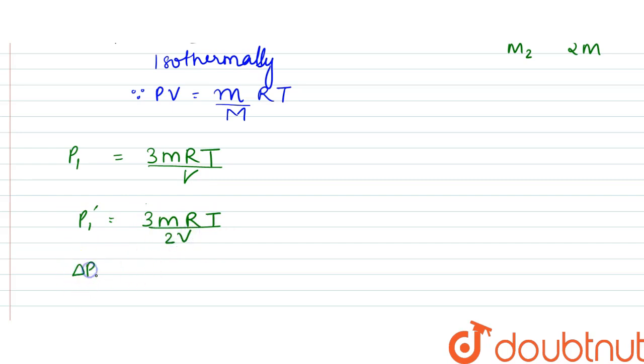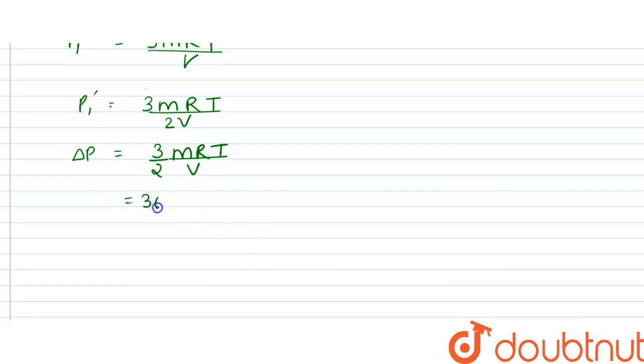So delta P would be 3 minus 3 by 2, so it would be 3 by 2 mRT by V itself, which is equal to 300. So mRT by V is equal to 200. Let's say this is our equation 1.